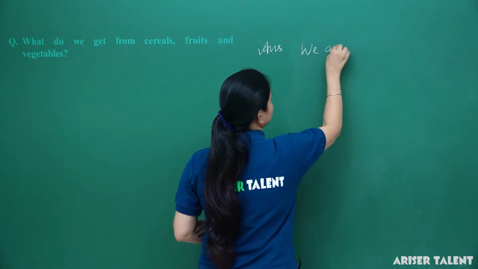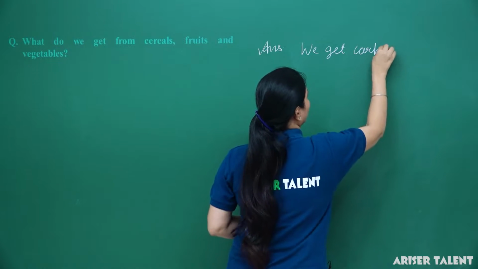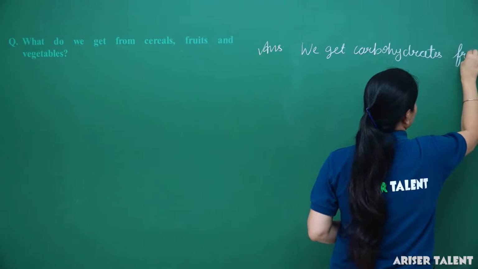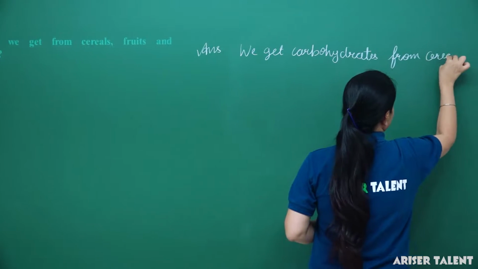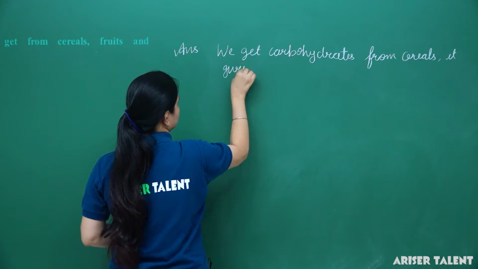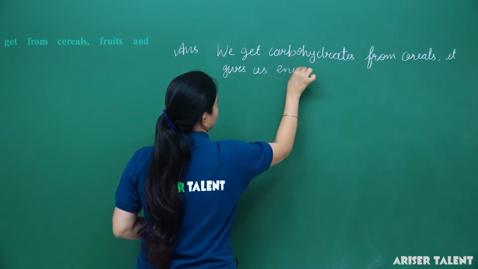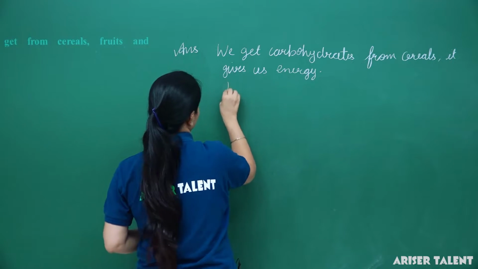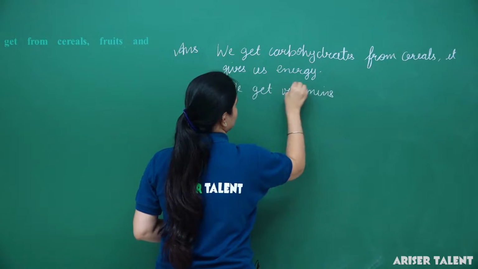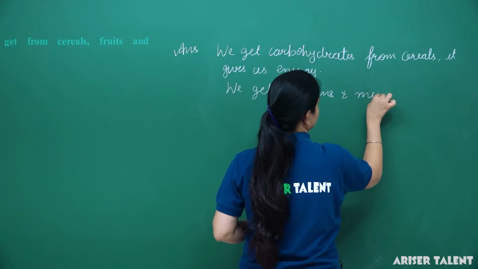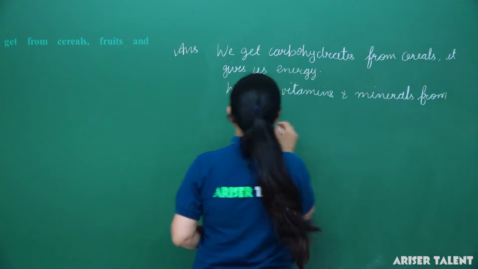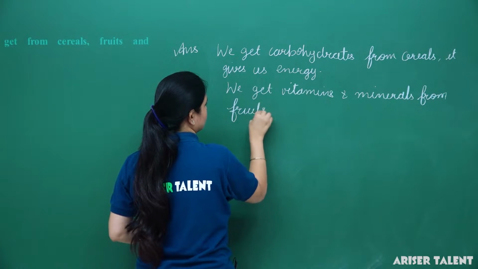We get carbohydrates from cereals. It provides energy. It gives us energy. We get vitamins and minerals from fruits and vegetables.